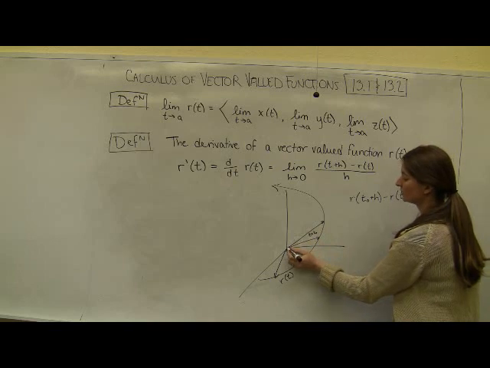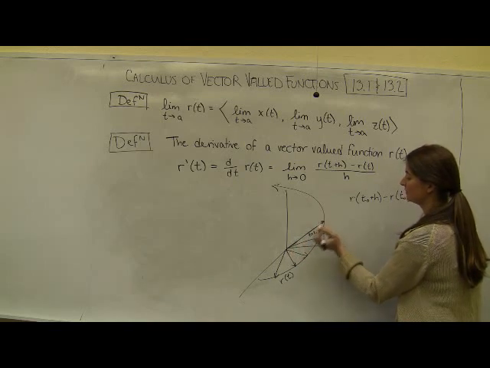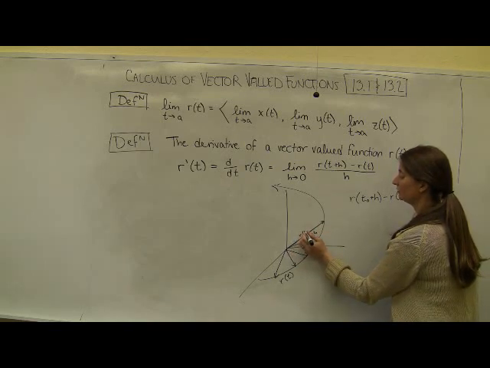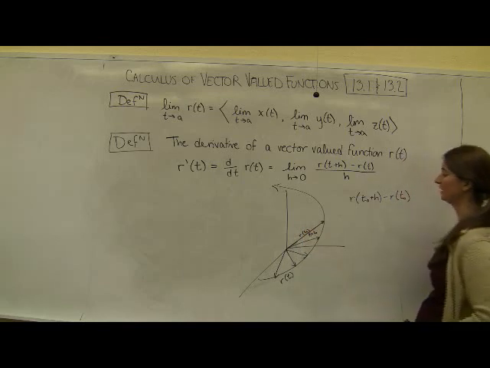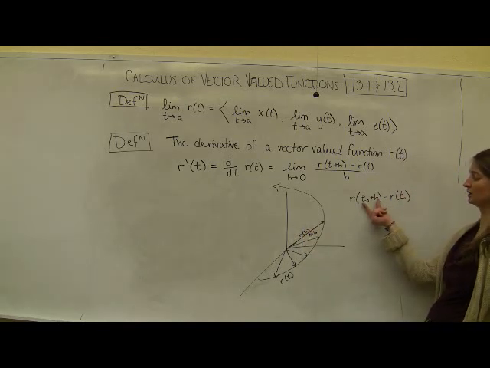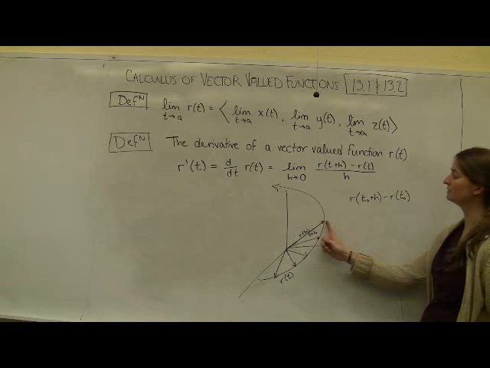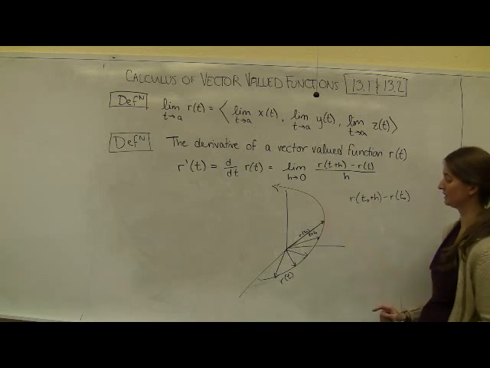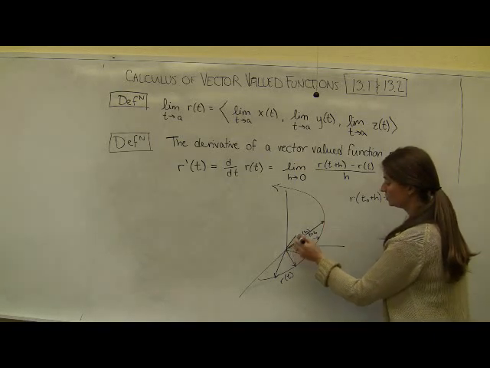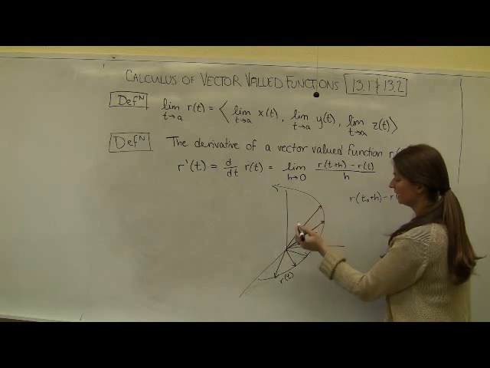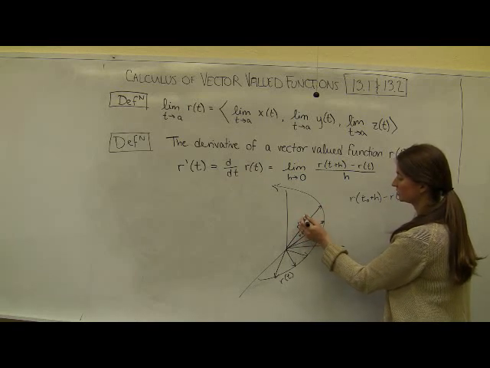And now I'm going to add h to t naught. So that means that I'm moving forward a little bit in time. And I get a new vector, and I'm going to call this vector r of t naught plus h.